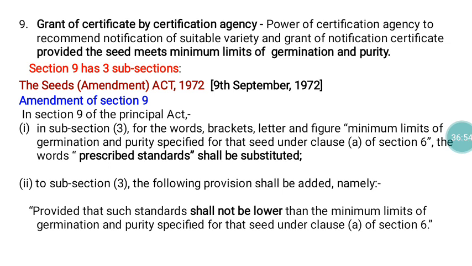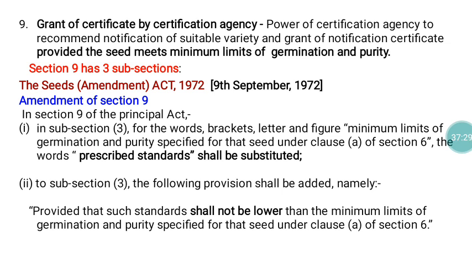Now the revisions and amendments in section 9 of the principal Seed Act. In subsection 3, the words, bracket, letter and figure, "the minimum limits of germination and purity specified for the seed under class" were there. Instead of writing this, through this amendment they recommended including these words alone: "prescribed standards". If the material has the prescribed standards, you can automatically give a certificate.